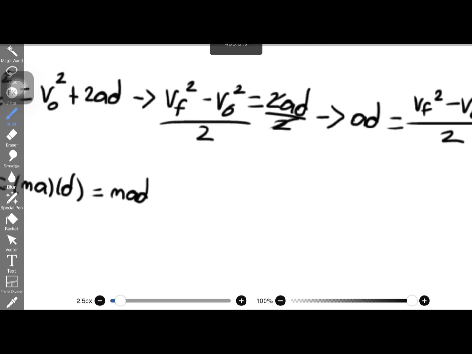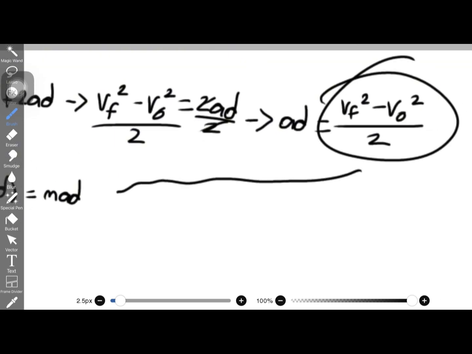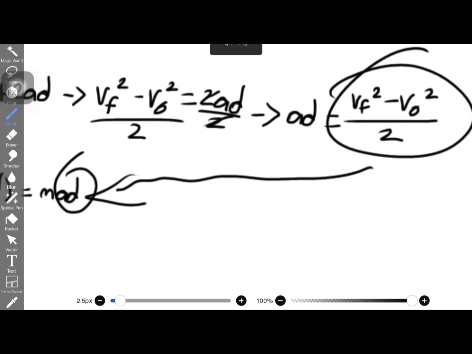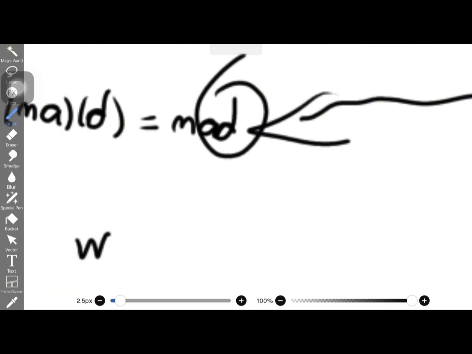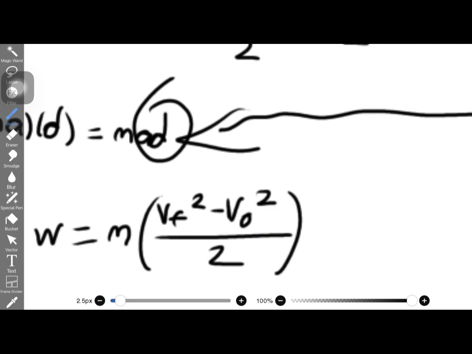Now, we will go ahead and substitute this into our expression. So now we have work equals mass times v_f squared minus v_o squared all over 2.